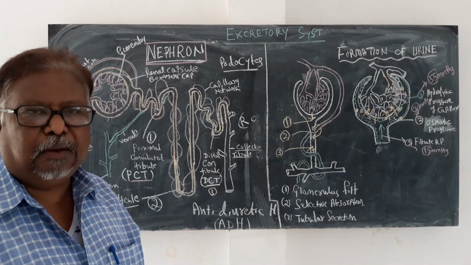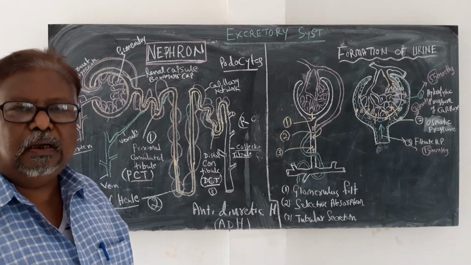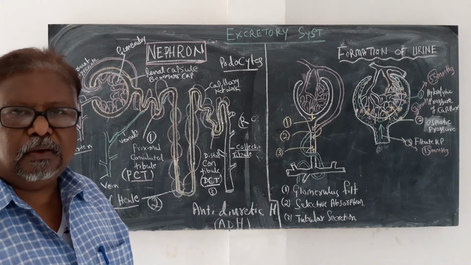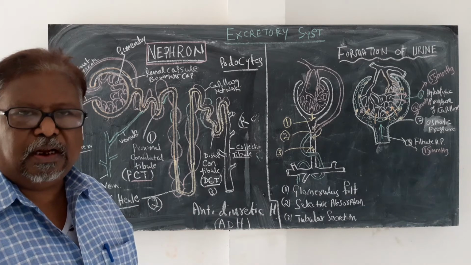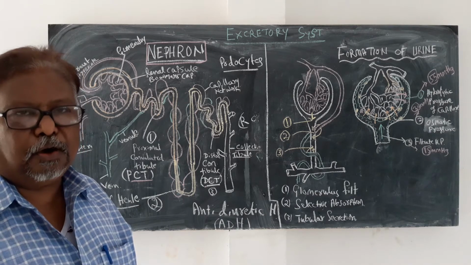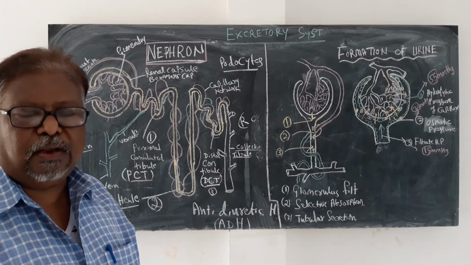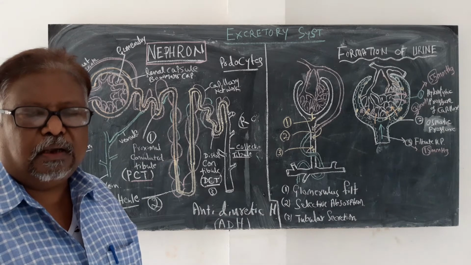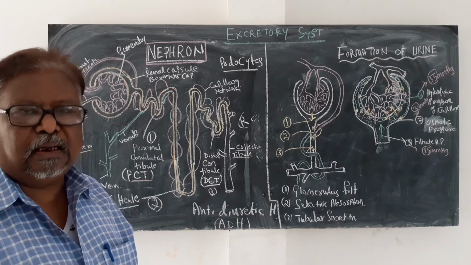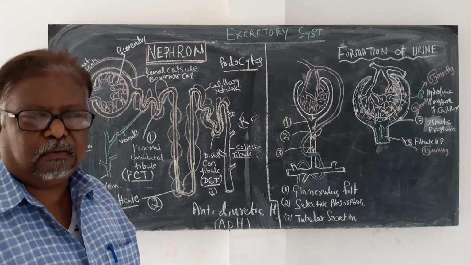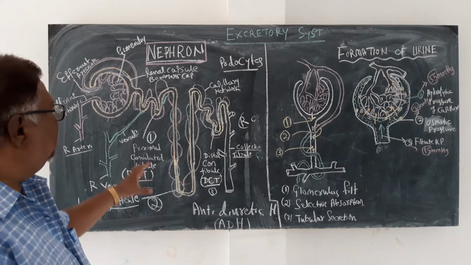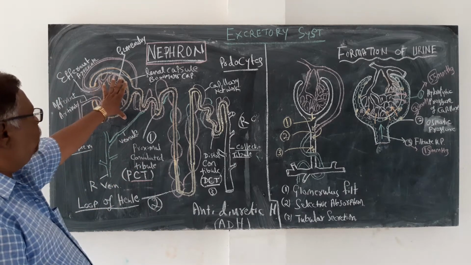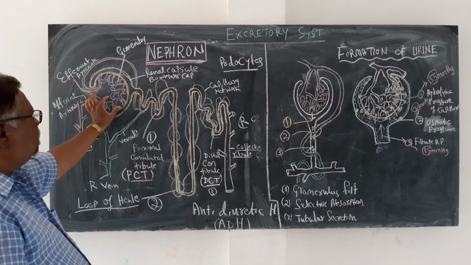The kidney is made up of 1 to 2 million of these nephrons, wherein the urine is produced, or the nitrogenous waste material is produced and collected in the urinary bladder before expulsion.